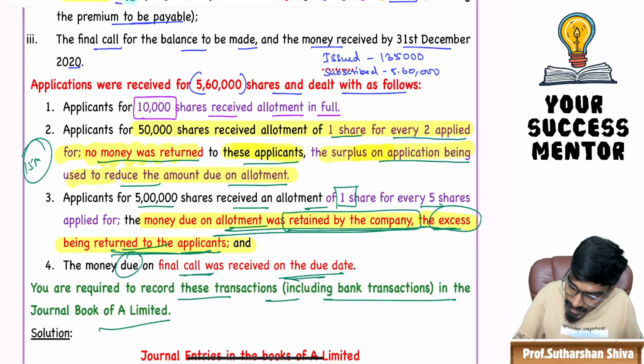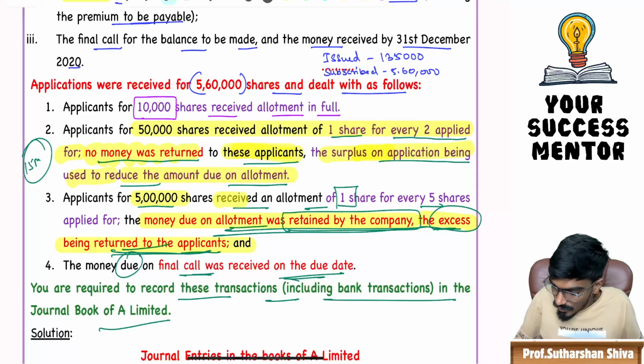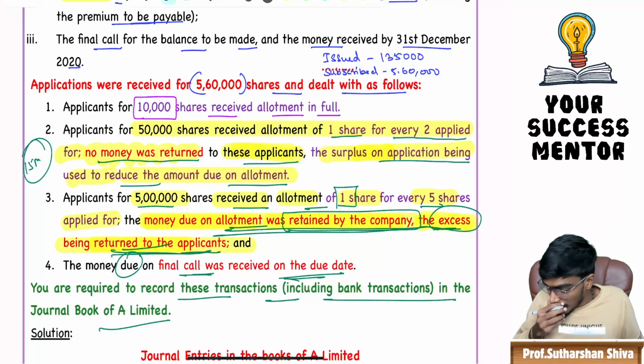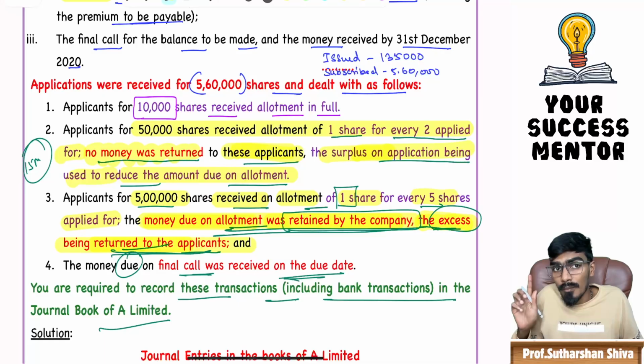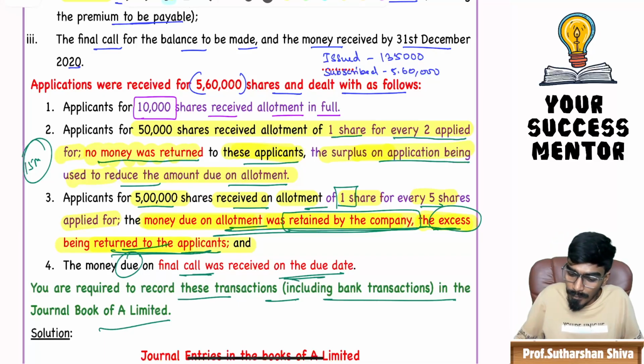Now come to category C. Applicants of 5 lakh shares received an allotment of 1 share for every 5 shares applied for. The money due on allotment was retained by the company. The excess is being refunded. Only the amount due on allotment is retained by the company.